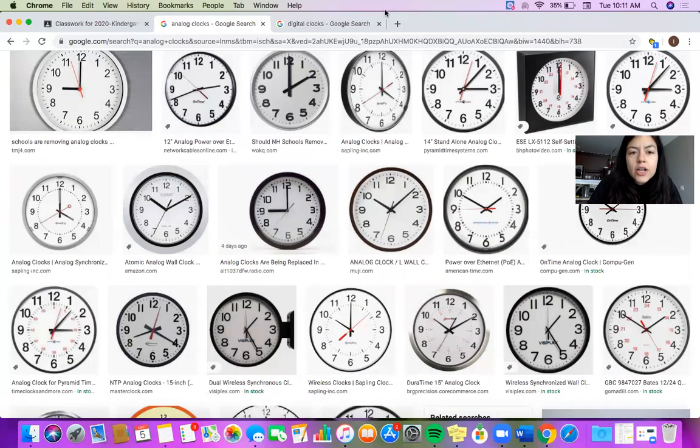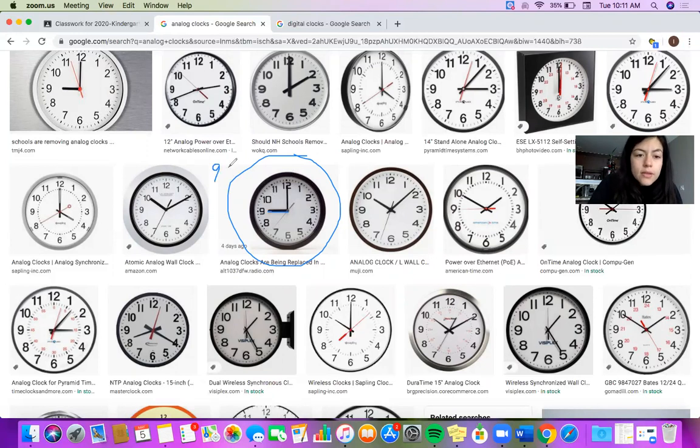So if I look at a clock on this page, let's look at this one. I would first start by looking at the small hand. This one is pointing to 9. And then I look at the minute hand. It's pointing towards 12, which means 0 minutes have come by.